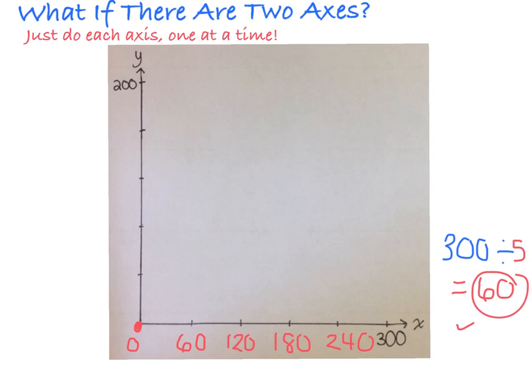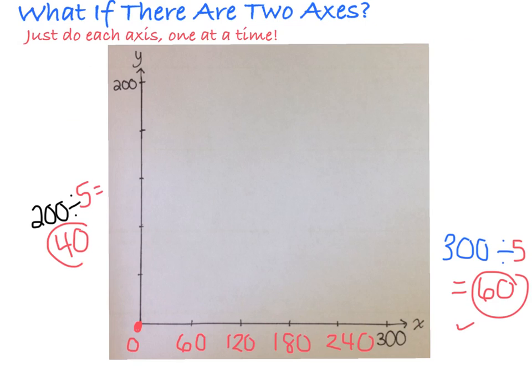Now let's take a look at our y-axis. Again, we're starting at 0, and we're going all the way up to 200. So, let's use a different color here, 200 minus 0 is 200, and it is divided into 1, 2, 3, 4, 5 equal intervals as well, and 200 divided by 5 is 40.